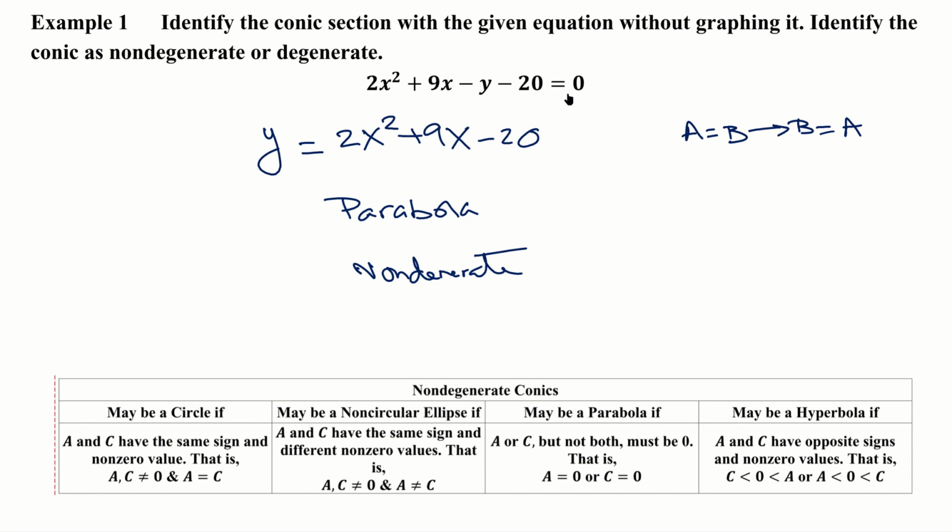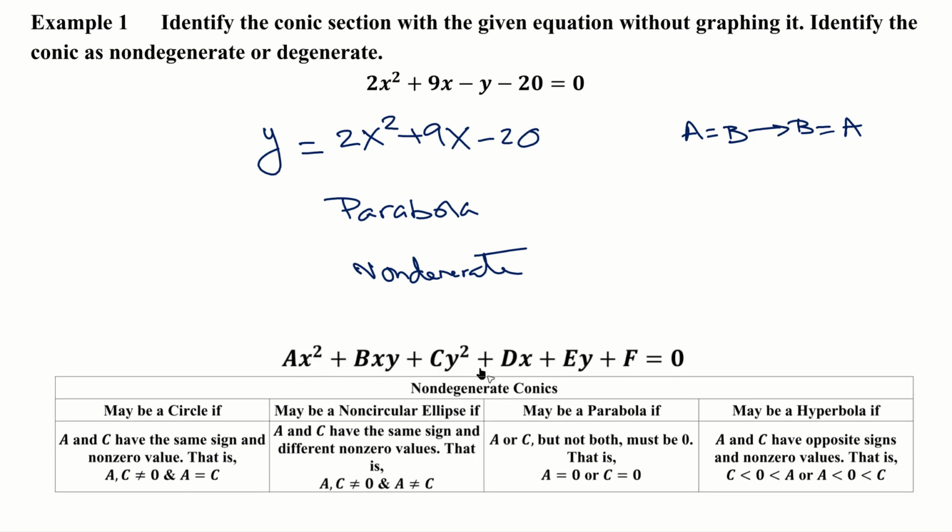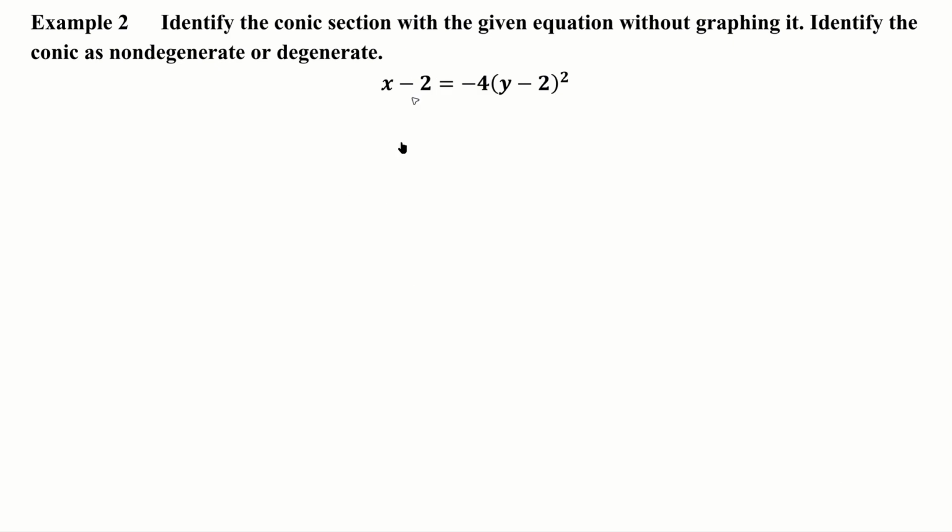There's no y squared term. All right, so I brought in this general form for you as well, so you can see that c is the coefficient of the y squared, and here there is no y squared term, so c is in fact 0, okay?